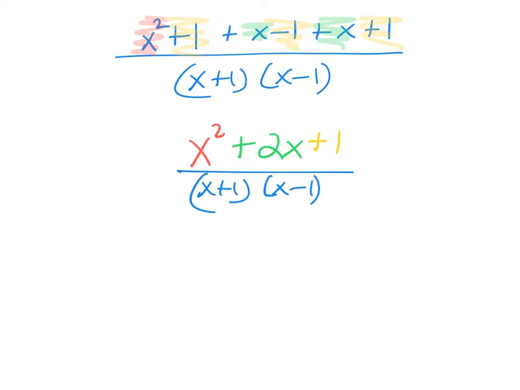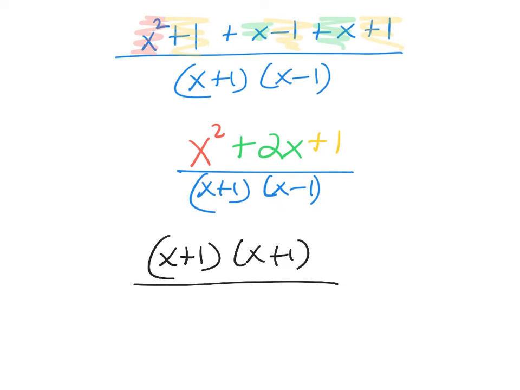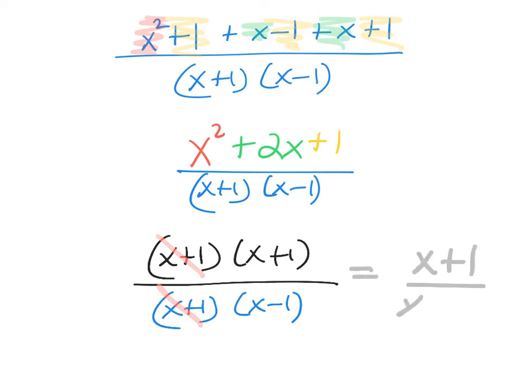So my numerator will factor into x plus 1 times x plus 1. The denominator is still the same. And now I can simplify and cancel the x plus 1s. So the final answer here is x plus 1 over x minus 1.